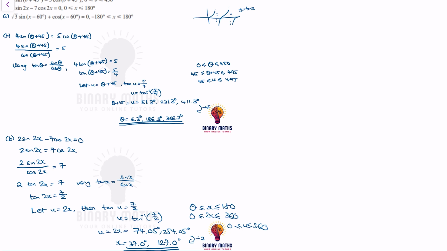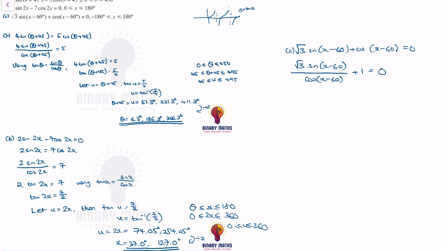That would be it. Next one is C. I've got root 3 sine of x minus 60 plus cos of x minus 60 is equal to 0, and I'm going from minus 180 to 180. If I divide by cos of x minus 60 degrees, I get root 3 sine of x minus 60 degrees divided by cos of x minus 60 degrees, plus 1 is equal to 0.